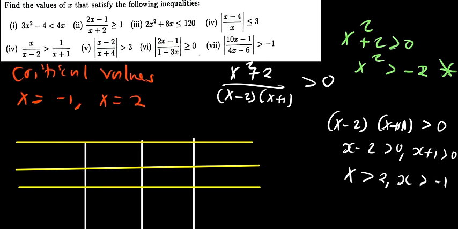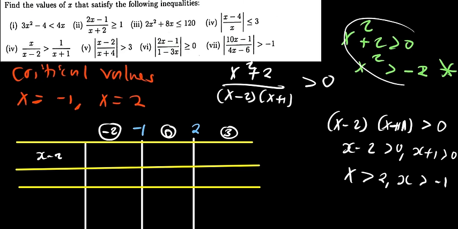So now here I'm going to put my solutions. Negative 1 will be here, 2 will be there. A number in between here I can get 0, a number here I can get 3, a number here I can get negative 2. So now we are only dealing with two things. We are dealing with x minus 2, because that is not part of our solution, so it's not going to be included.